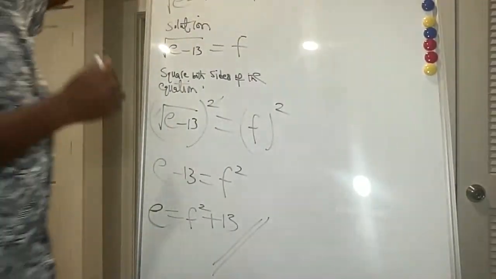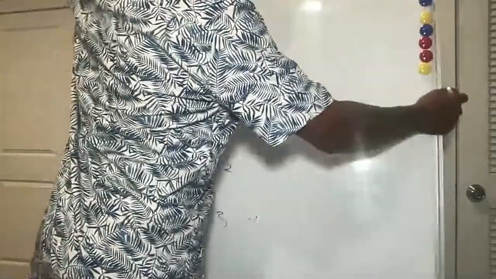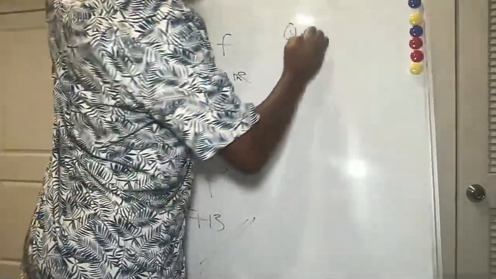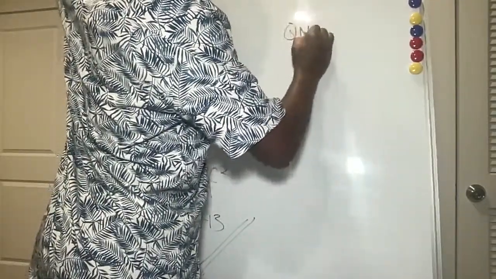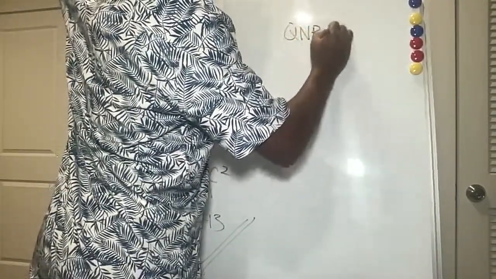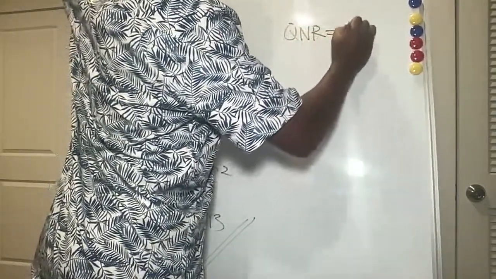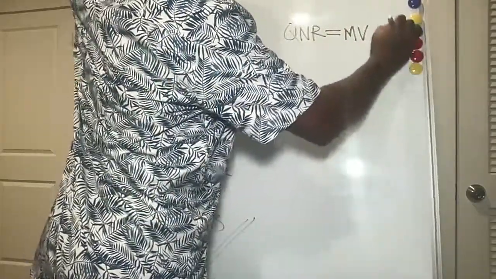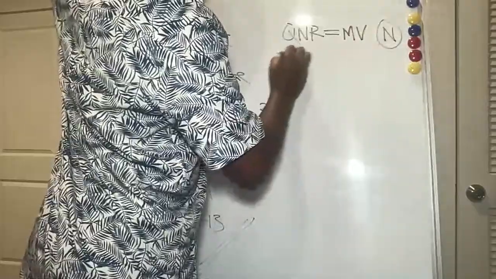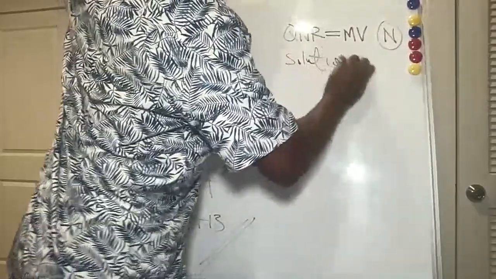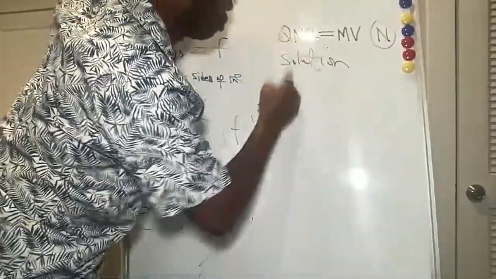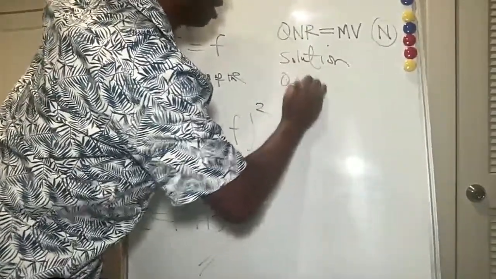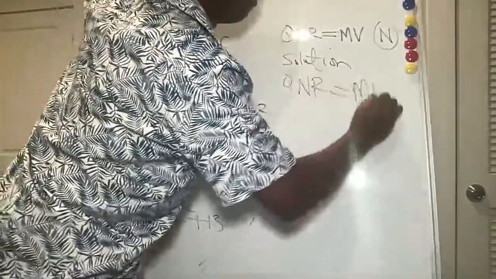If you have something like this, q n r is equal to m v, make n subject of the formula. Solution. Bring your equation down: q n r is equal to m v.